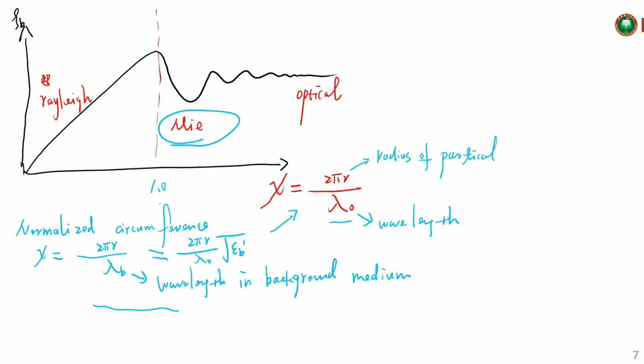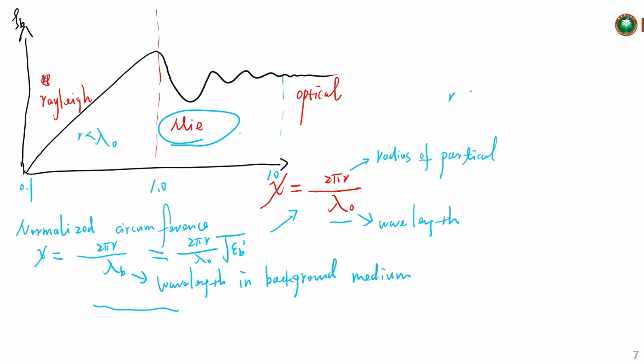So here is 0.1 maybe, and in this region is around maybe 10, like this one. When chi is smaller than 1, that means the radius is smaller than the wavelength.